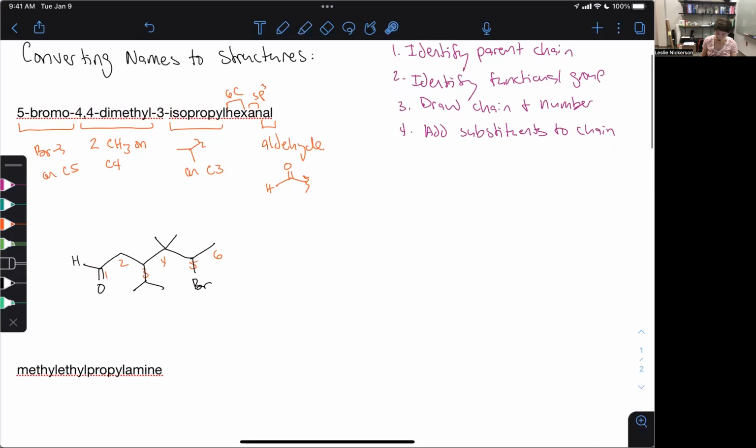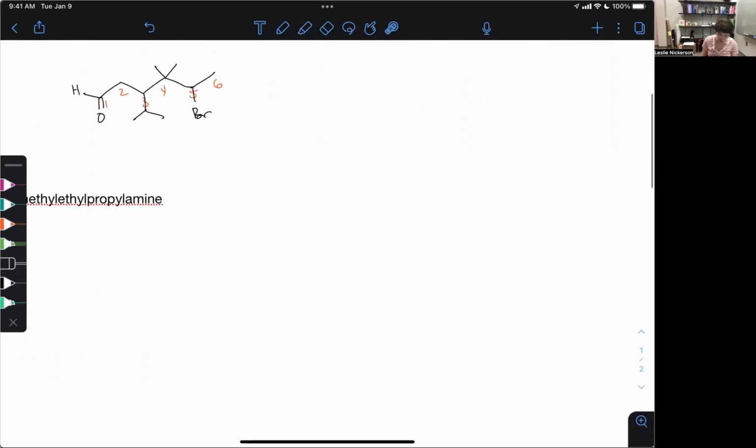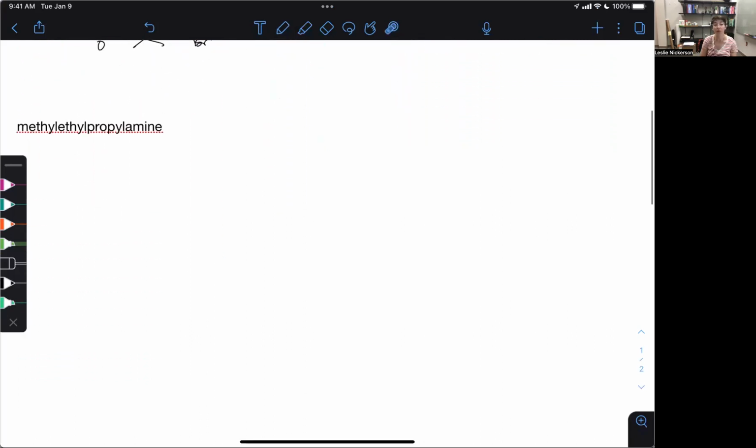All right, so let's look at the next one. So this is a little bit different. This one doesn't really have numbers associated with it. It's just kind of a string and then ends with amine. So we can kind of do the same thing here, but it's a little bit different. So if you're trying to name ethers or amines or something like that, I would recommend a slightly different tactic.